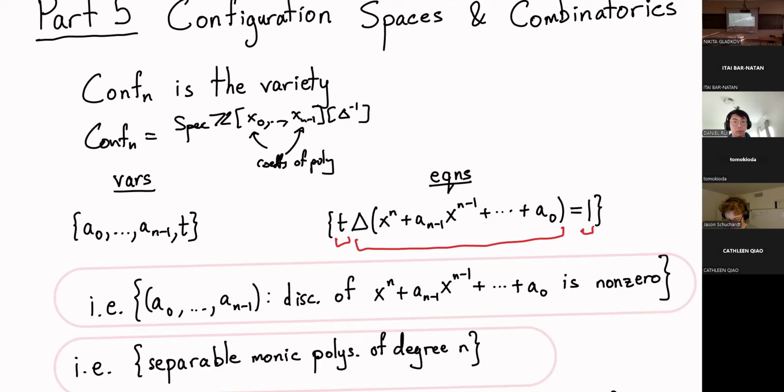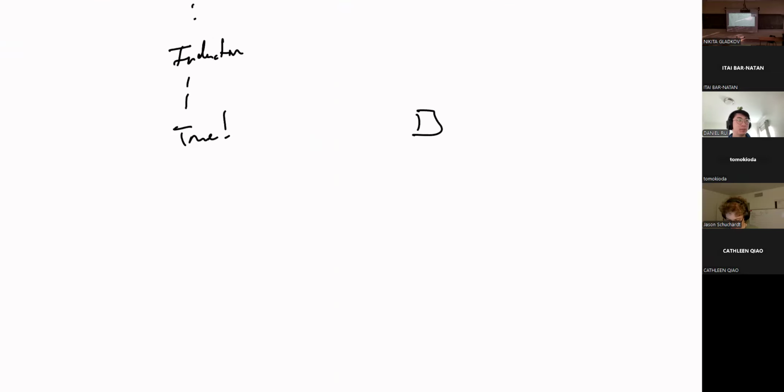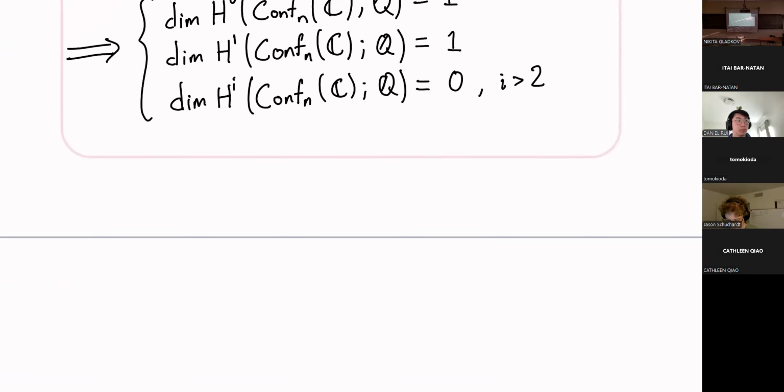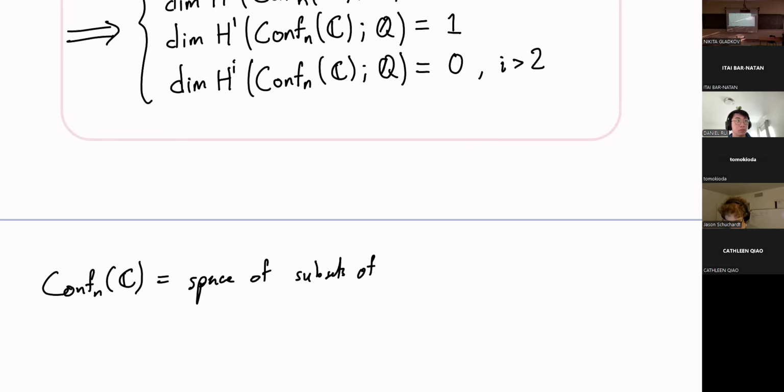What are you trying to say about the braid groups? I just wanted to say that from here, once you know these cohomology groups, you can deduce something. Conf_n of C is interesting because this is the space of subsets of R^2 of size n.